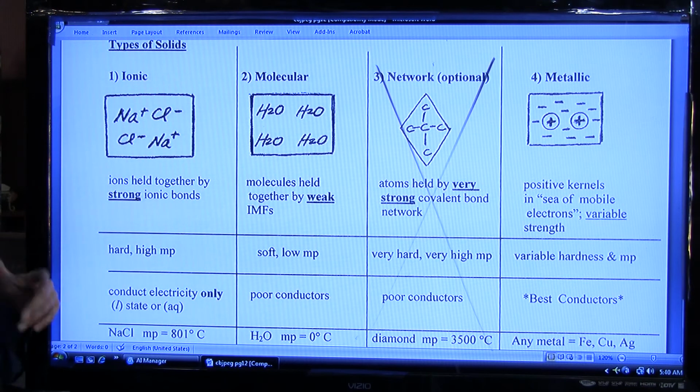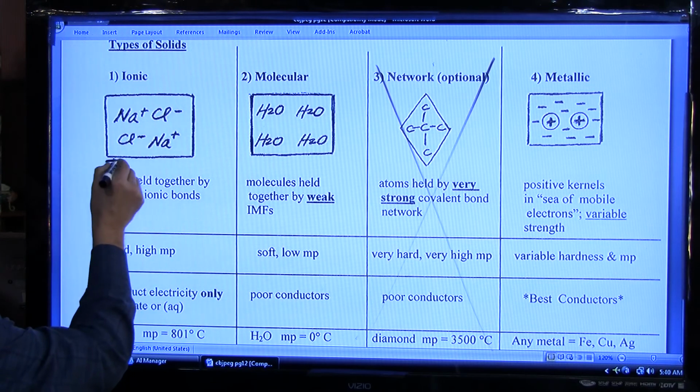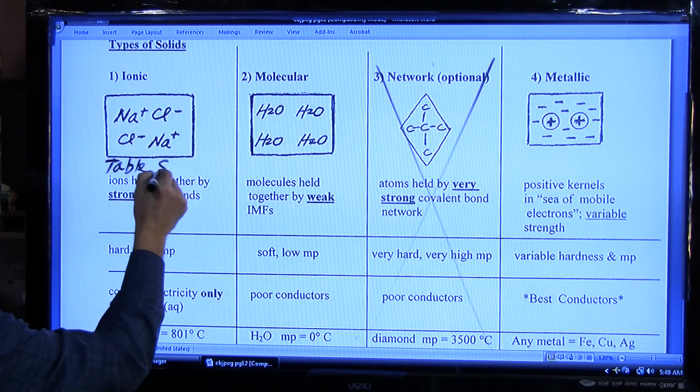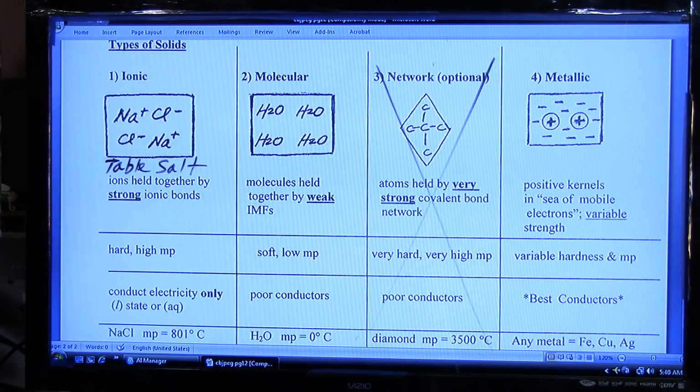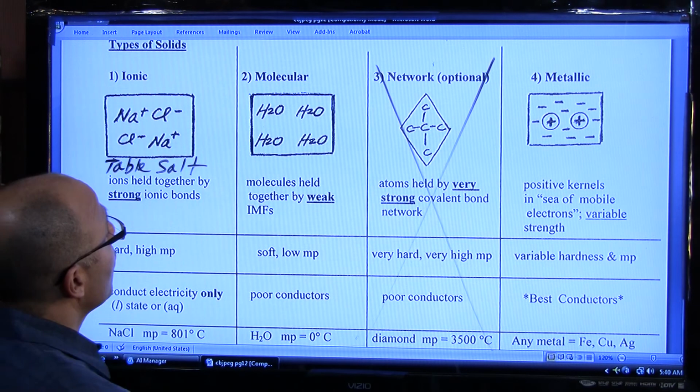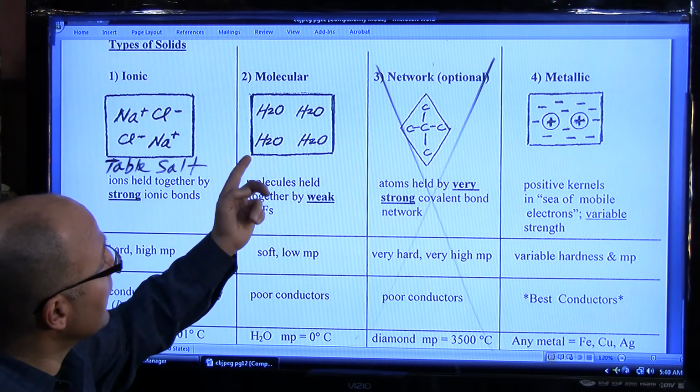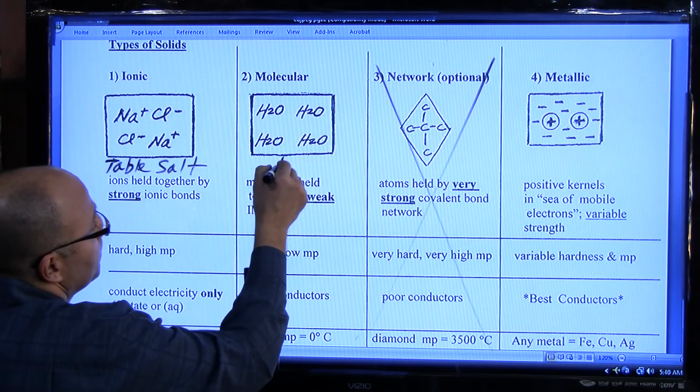First one here would be ionic. Ionic solids consist of ions. A simple example of that would be table salt. Table salt is a solid that's made up of ions. And the ions hold on to each other with strong ionic bonds. All right. Molecular or covalent substance would be ice.